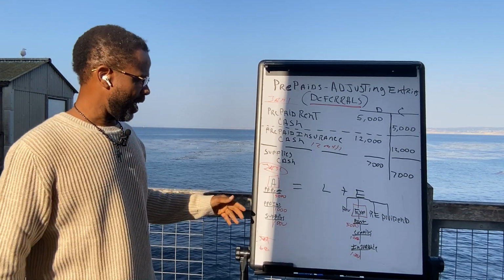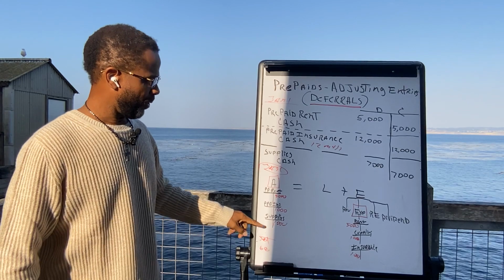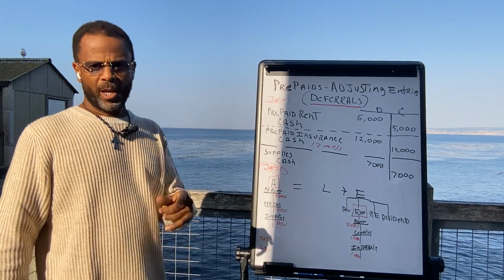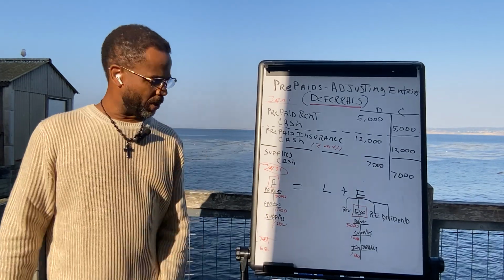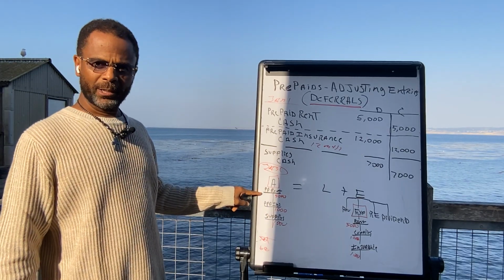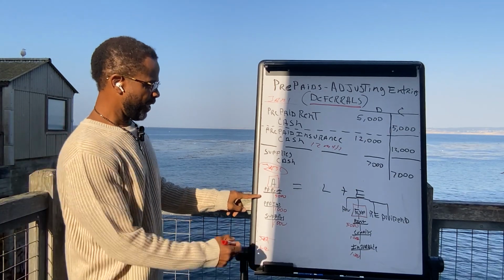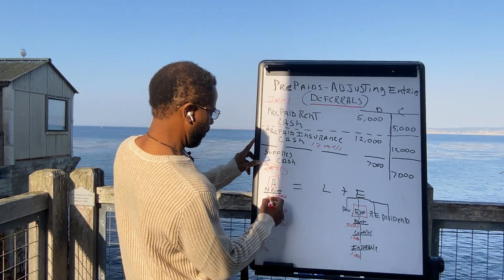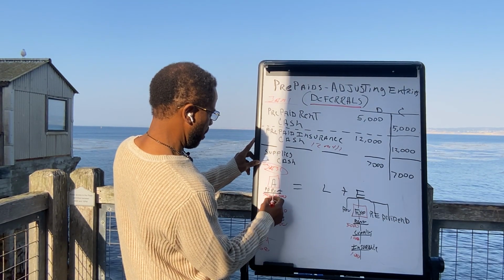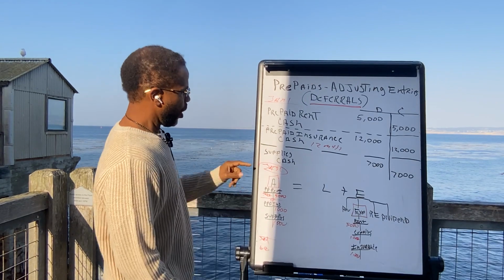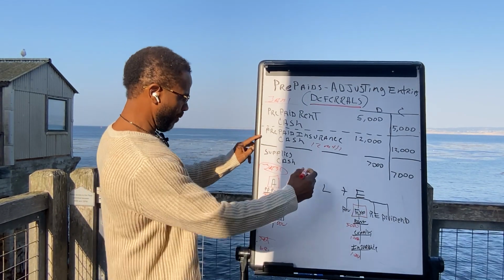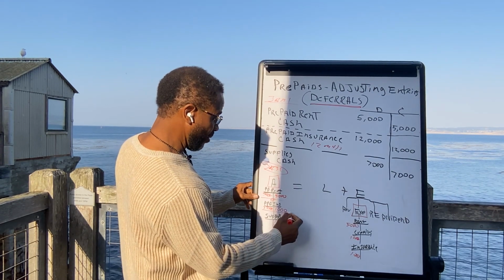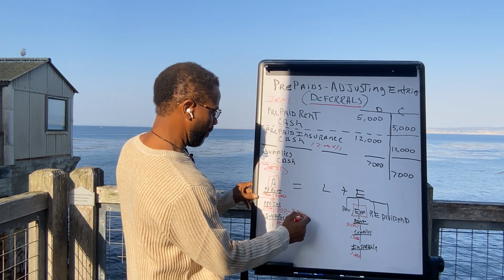To make sure you understand, I'm just using my T accounts to give you a flow of how things should work. All right? Last question that may happen on your test: what is my prepaid account balance at January 31st? We know our prepaid rent had $5,000 already. Now it's zero. We know our prepaid insurance at the beginning had $12,000, minus 1,000, now it's 11,000.